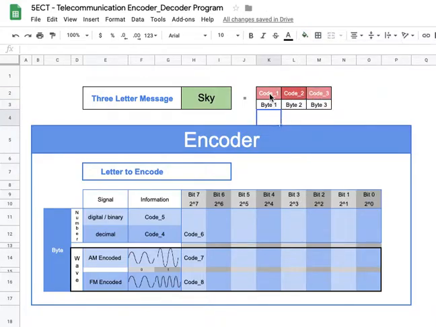Okay. So we need to tell the computer to break apart this 3-letter word into single letters. Now that does have a built-in function already. So if you're ready to start, let's go up to K2 where it says code 1, and I'm going to put an equal sign. Now it's a little bit complicated, so I'm going to walk you through nice and slow. I put an equal sign and then MID, M-I-D. The idea there is that's short for grab the middle letter.